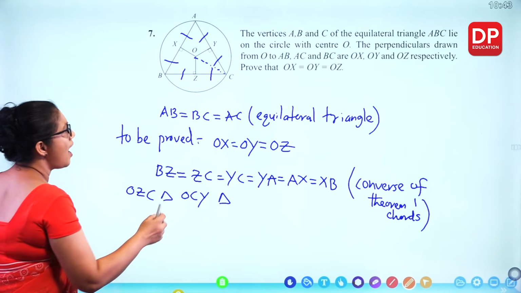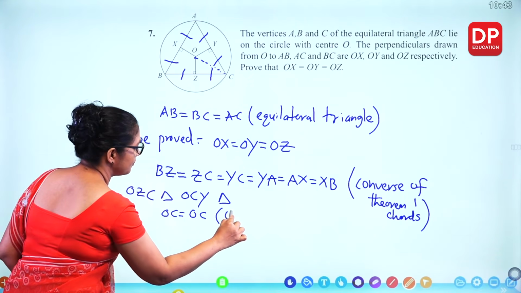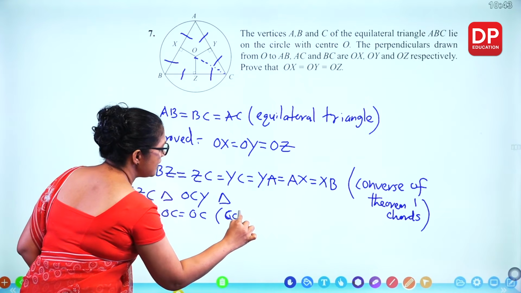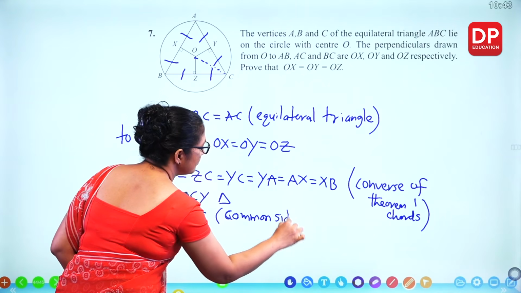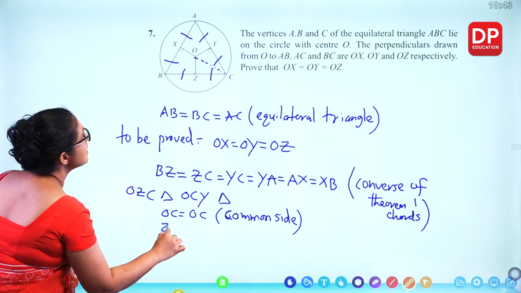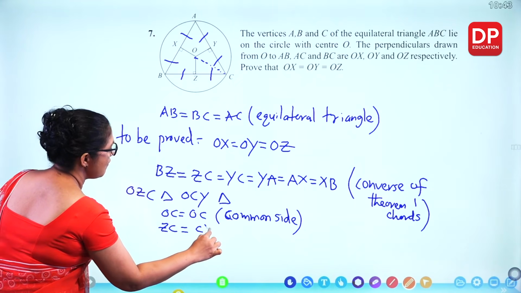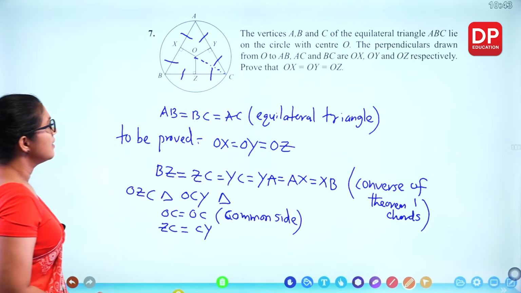So here the hypotenuse is common. That's a common length. And also we know ZC is equal to CY. That's already done here.